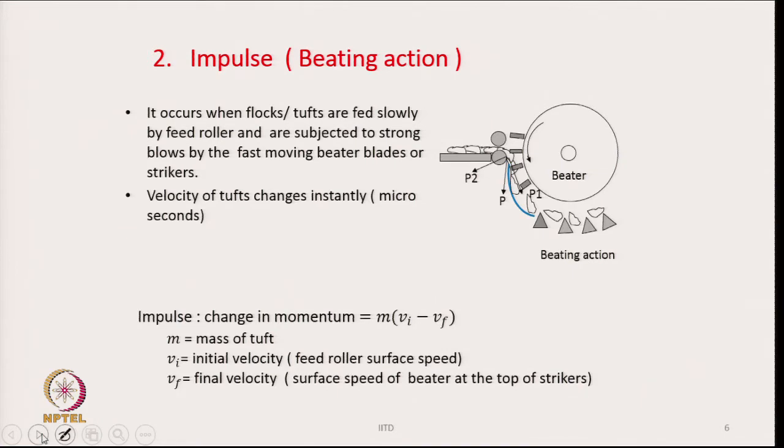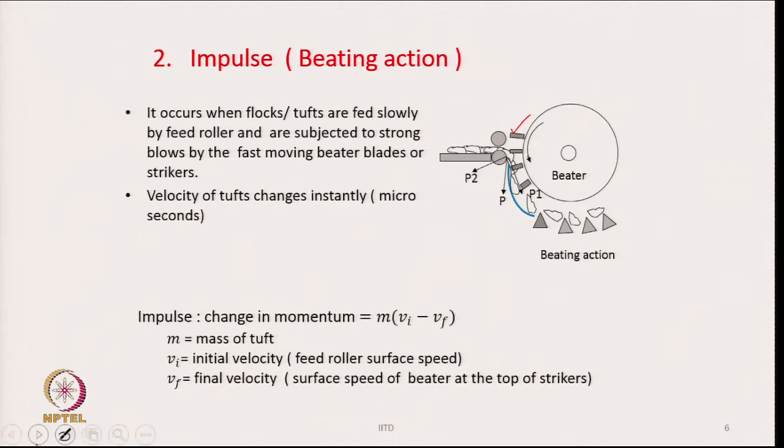The flocks or the tufts are fed slowly by a feed roller and they are subjected to strong blows by the fast moving beater blades or strikers which are there on their surface. In this case, these are the strikers. So, they are coming and hitting the tufts which are being fed by this pair of feed rollers.